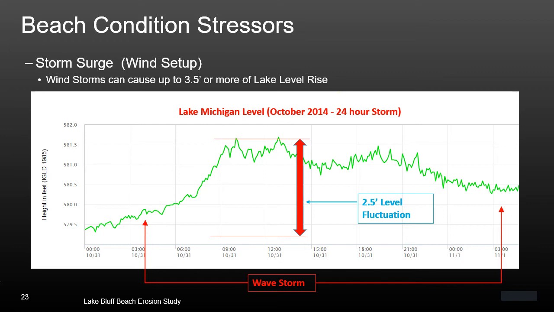So during a storm like this, you might have 20 to 24 foot waves out in the deep water. And those waves approaching from the north are approaching on a lake level that is 2.5 feet higher than what it was without the wind blowing. So those big waves can be supported in the water much closer to shore than they would otherwise. And as such, the wave energy that is attacking the beach is just dramatically larger.